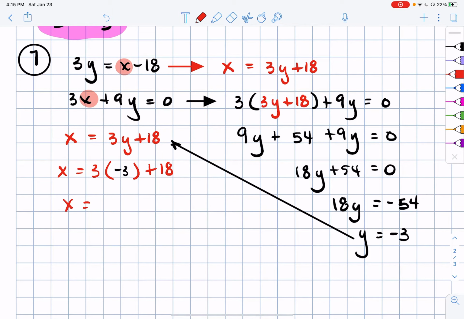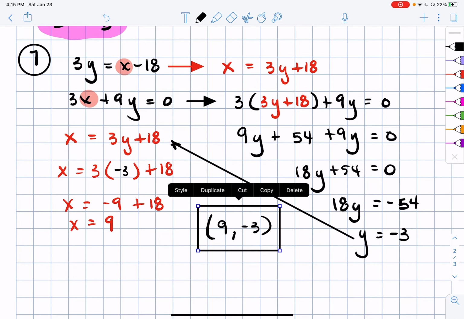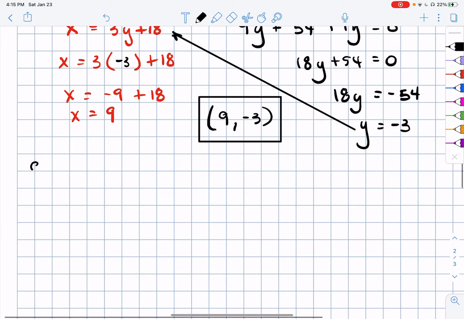So x is going to be -9 plus 18. So my x is going to equal 9. So with that being said, the point where these two lines intersect is going to be 9 comma -3. There we go. So 8.